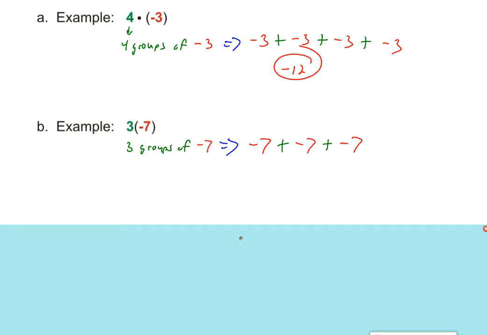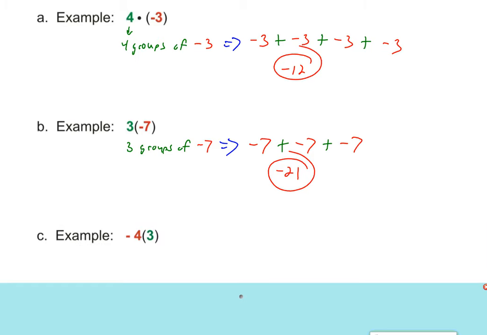Does that make sense? 3 groups of negative 7. And negative 7 plus negative 7 is negative 14 plus 7 more negatives. And we end up at negative 21, right? And so we see that 3 times a negative 7 should be easy for us to get that answer.